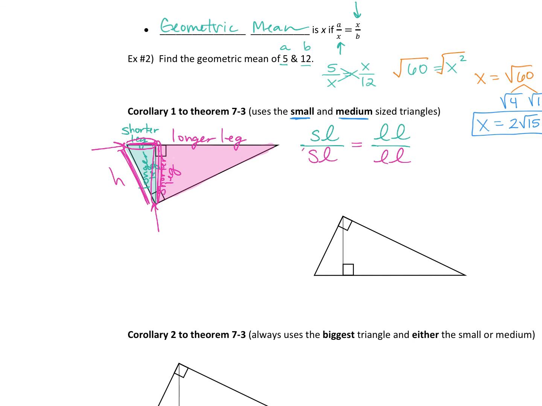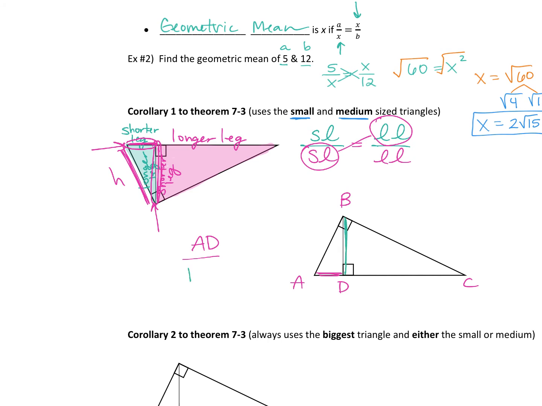So notice the shorter leg here and the longer leg here, that's the geometric mean. Those two are going to be the same number. That's how this is going to come into play a little bit for you. So let's label this A, B, C, and D. If I'm going to set this up with the small and medium triangle, I'm going to go shorter leg of the small triangle over the shorter leg of the medium triangle, the altitude BD.